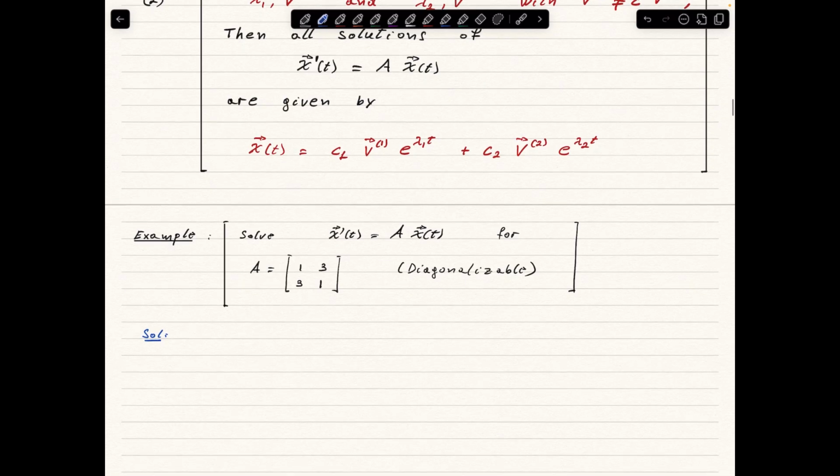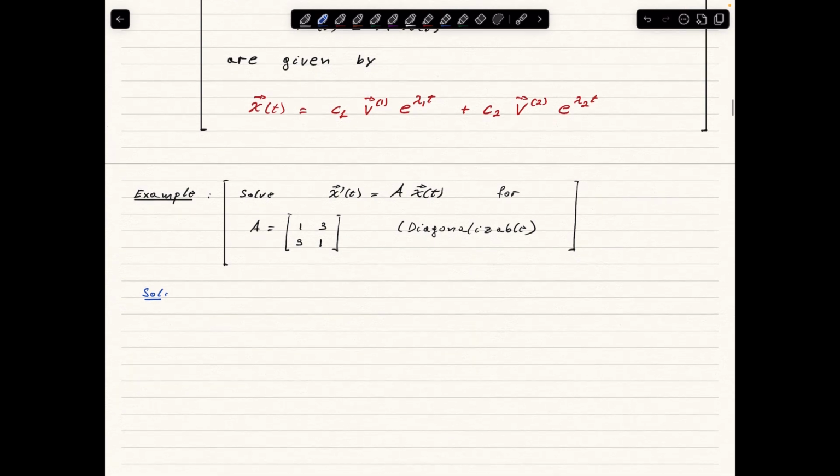Well, let's recall what we know about matrix A. I'm going to put it a little bit higher up so we have more space there. So recall, matrix A, we know that it is diagonalizable, so it can be written as PDP inverse.